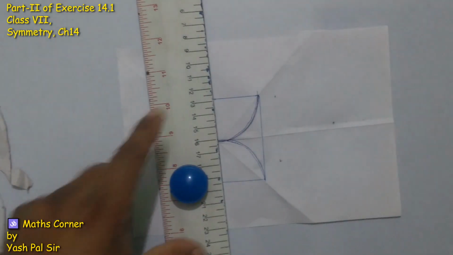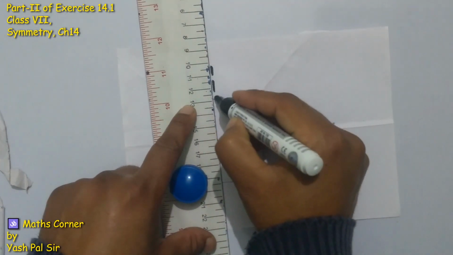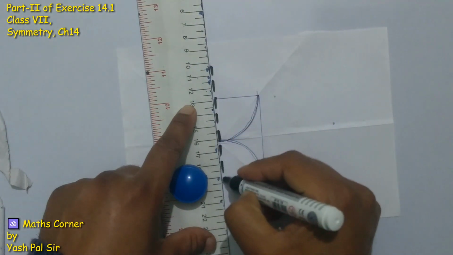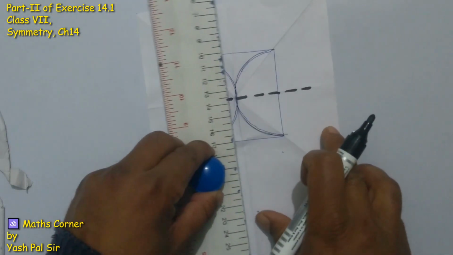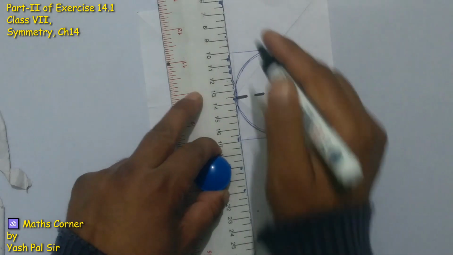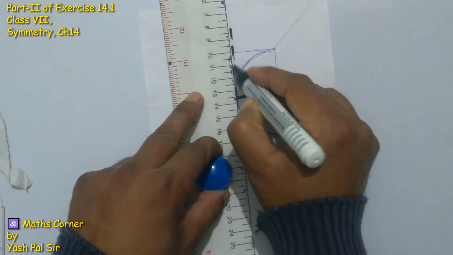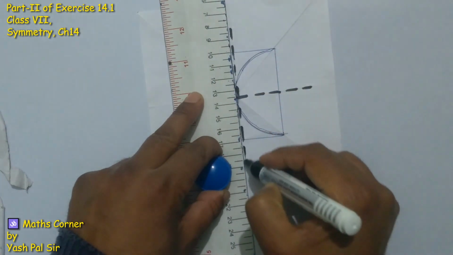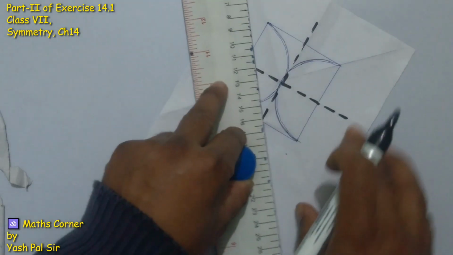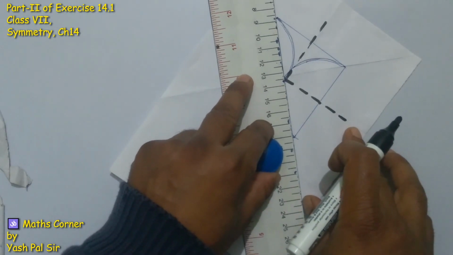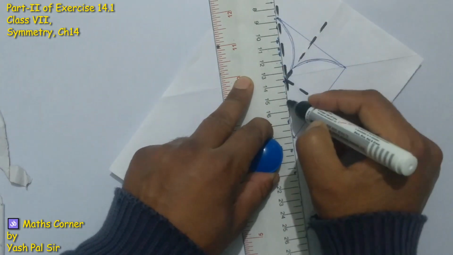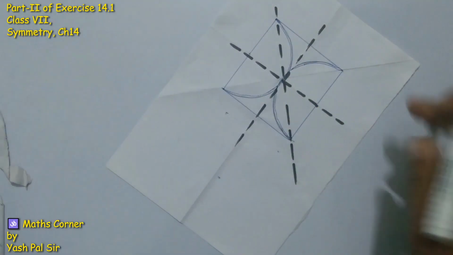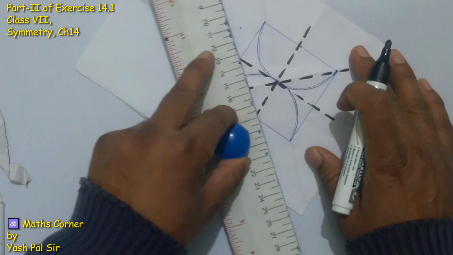They are, first one is this, second one is this, third one is here, and fourth one is here.